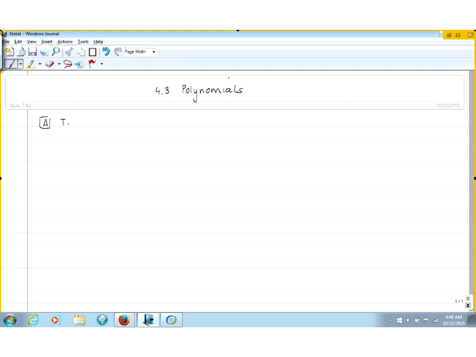So A. Terms. So a term is a number or a constant, or a product of a number and some variables.